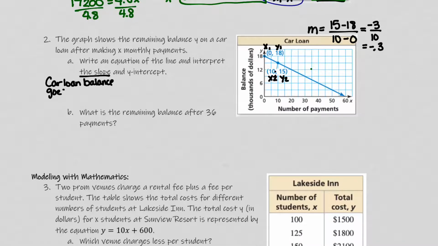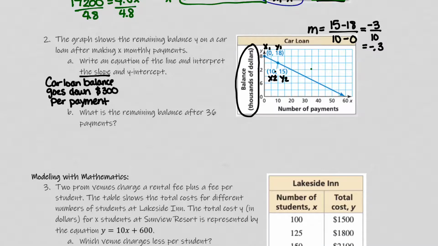So it goes down 0.3, but look at this in parentheses over here under the balance. It says that is in thousands of dollars. So I'm going to take that 0.3 and multiply it by 1,000. So it's actually going to go down 300. Since we already said down, that takes care of the negative. And the 300 is the amount, and this is per payment. All right, so that's the slope.